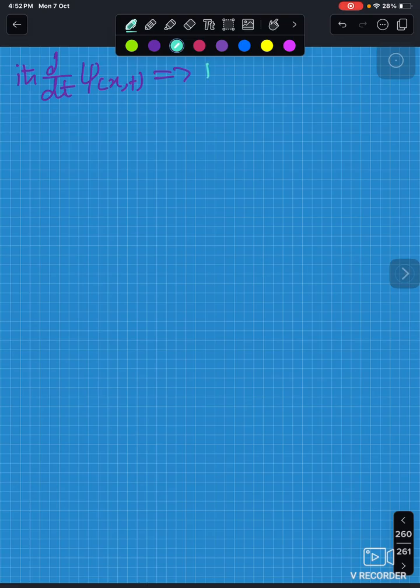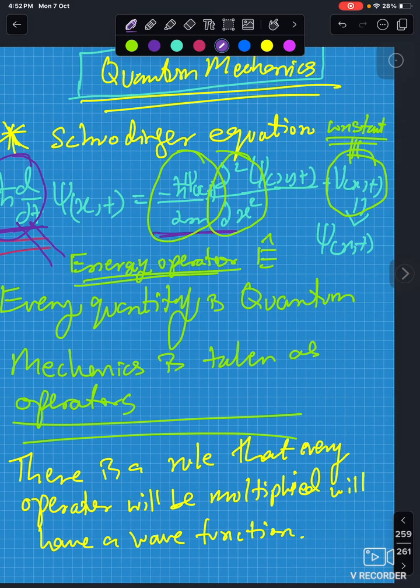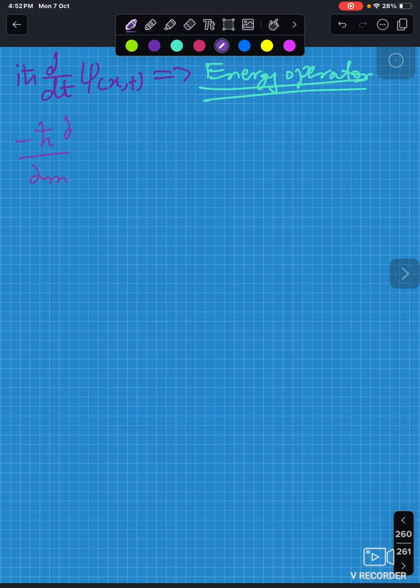This is an energy operator, and minus h bar over 2m d squared psi of x and t over d of x squared.